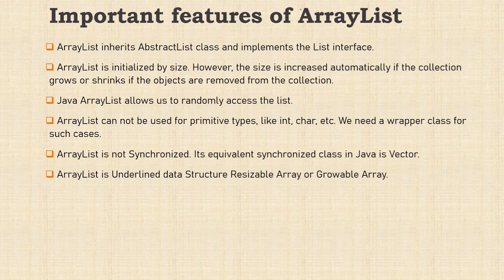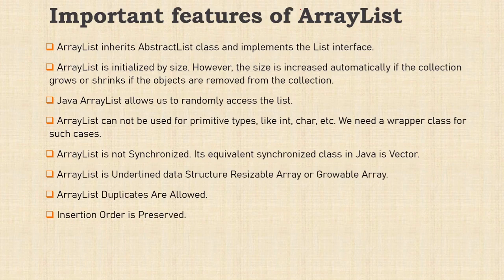In ArrayList duplicates are allowed, so it is possible to store duplicate data. Insertion order is preserved, which means it follows the insertion order: the way you store it, it will be available in the same order.